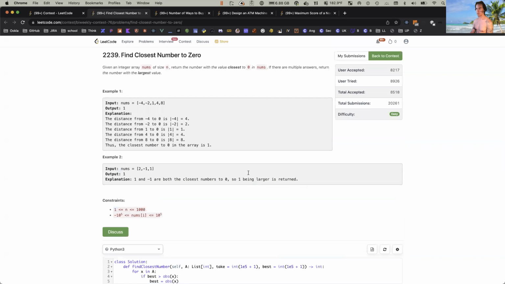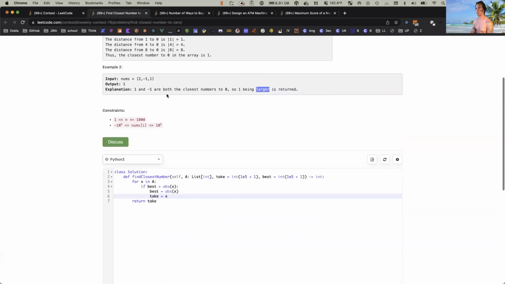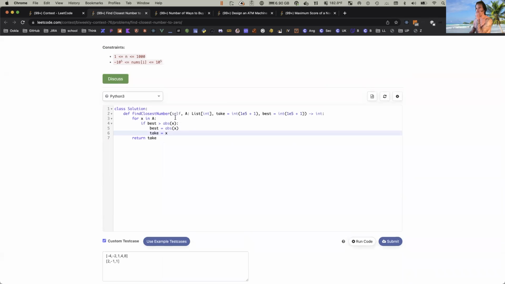1 and -1. 1 is larger. Return the number with the largest value. There's a tie. Okay, so take can be an array.